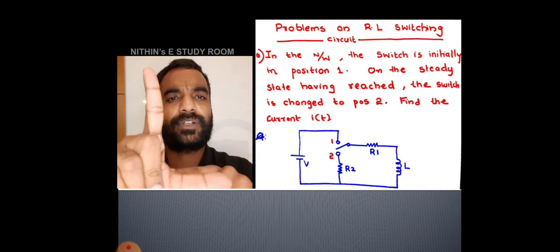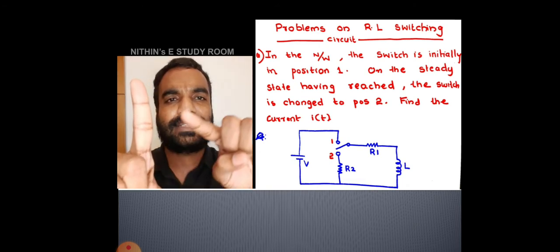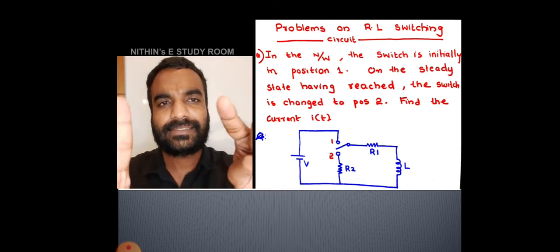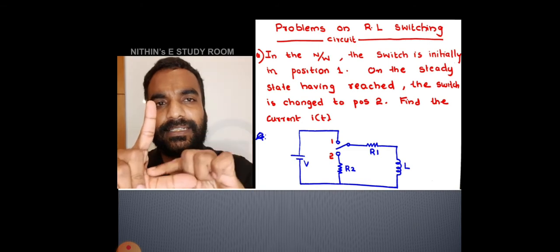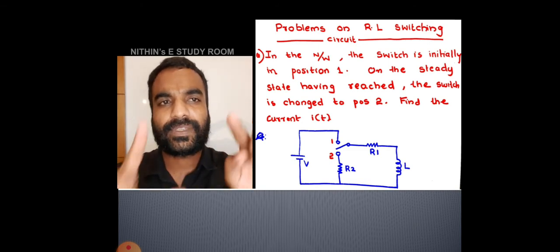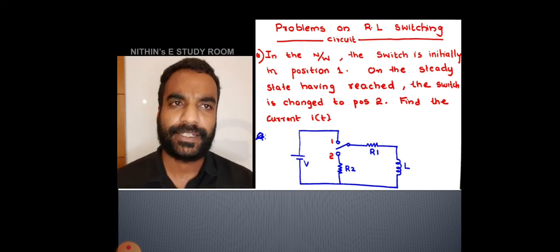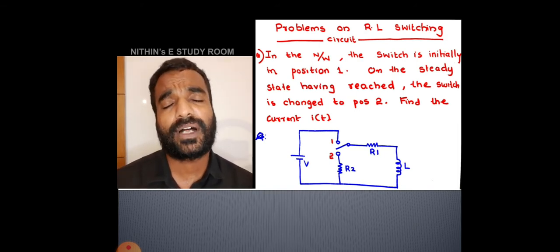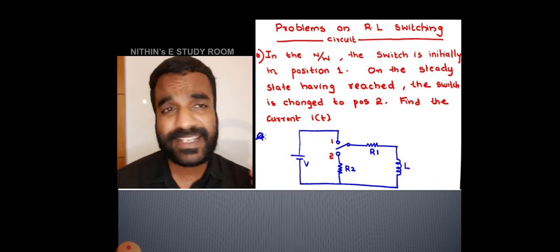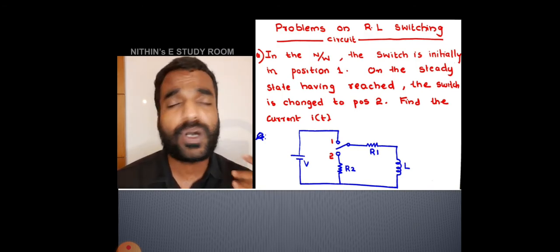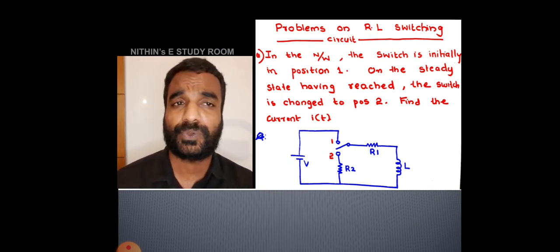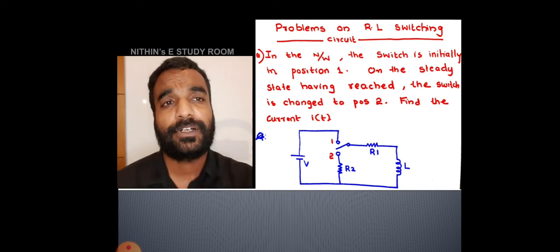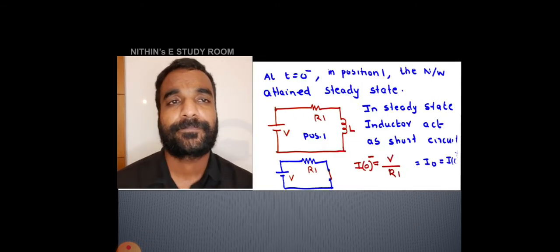You are waiting for enough time, so all the transient conditions cancel and finally it will reach a steady state value. That is known as the steady state condition. So only after reaching steady state in position 1 you are permitted to move the switch to position 2. So we are redrawing the cases.